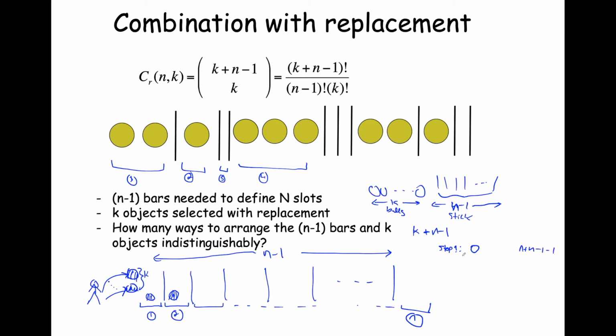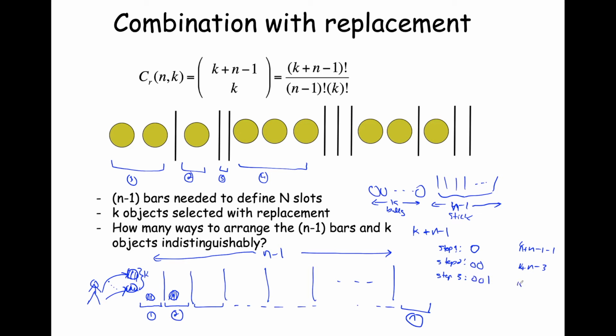right? Objects left. And then at step 2, if we're going to arrange these in all of the possible ways we can arrange them, to be consistent with this diagram, we selected another ball. That's now k plus n minus 3. And then at step 3, we select that stick.